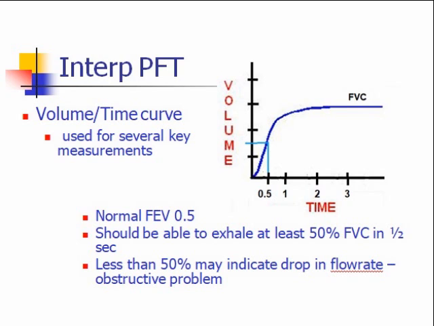If not, then you're having issues with exhalation, and issues with exhalation are indicative of an obstructive problem. So if FEV half second is less than 50%, it can indicate an obstructive problem.